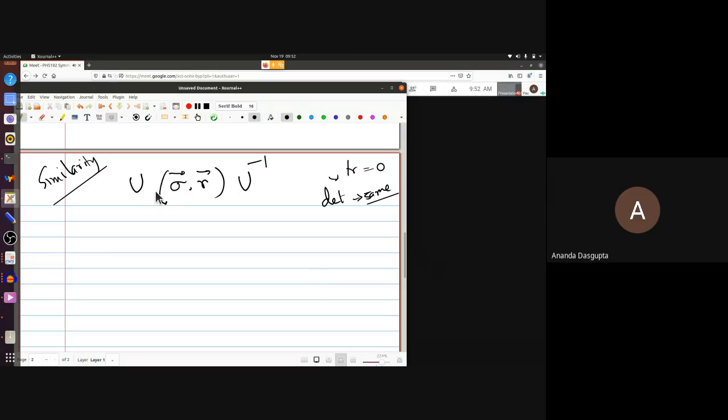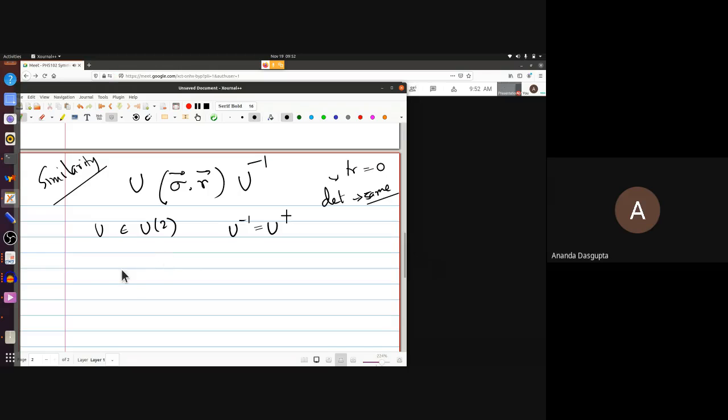However, you can keep this Hermitian by insisting that U belongs to U2, that is, the set of unitary 2 by 2 matrices, so that U inverse is the same as U dagger. So this is a similarity transformation, but it's also a unitary transformation in particular. And what happens then? You do a unitary transformation.